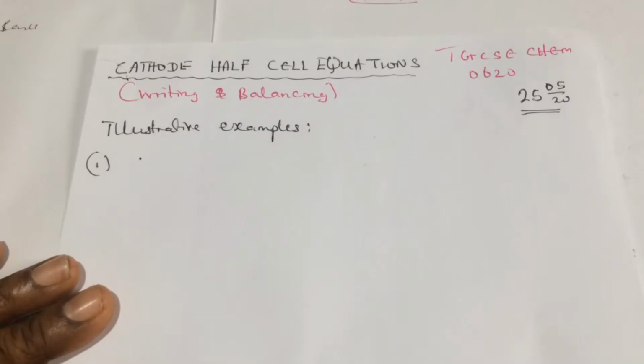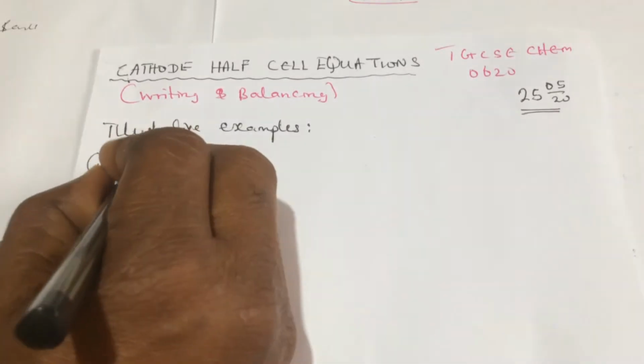You should know how to write and balance cathode half-cell equations, likewise anode half-cell equations, and finally the net ionic equations, right? So let's start with a cation, sodium ion.